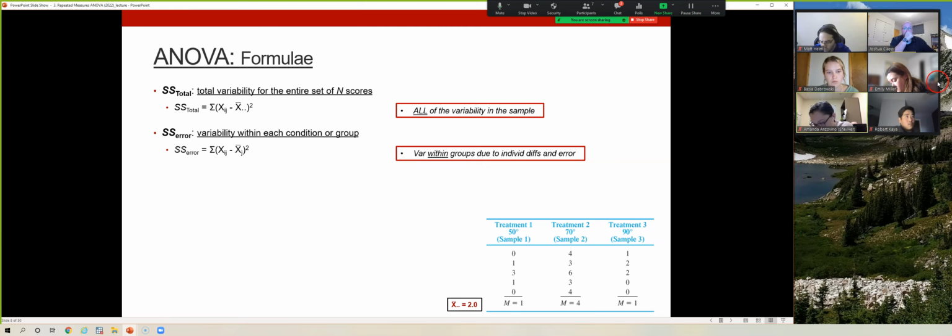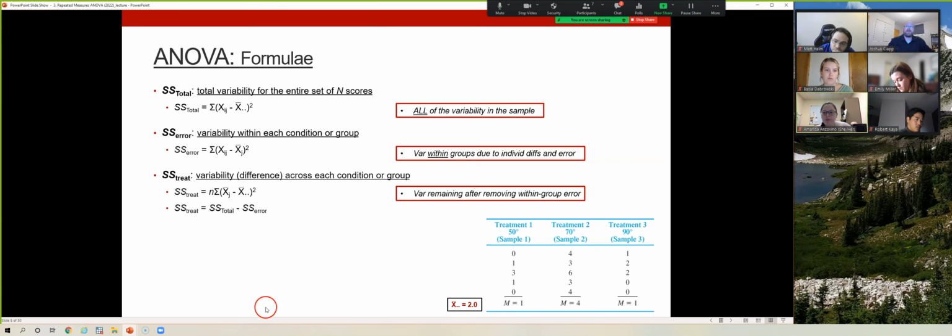So in this situation, it's going to be 0 minus 1 squared plus 1 minus 1 squared plus 3 minus 1 squared plus 1 minus 1 squared plus 0 minus 1 squared. That's going to give me my sum of squares for here, plus 4 minus 4 squared, 3 minus 4 squared. We're just looking at the sum of the squared deviations within groups. That's going to be my sum of squares error. This is stuff that we haven't accounted for in the model, so it's just unexplained.